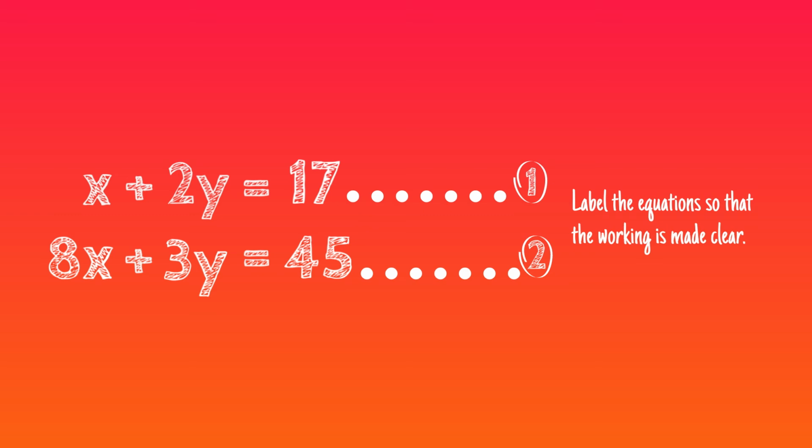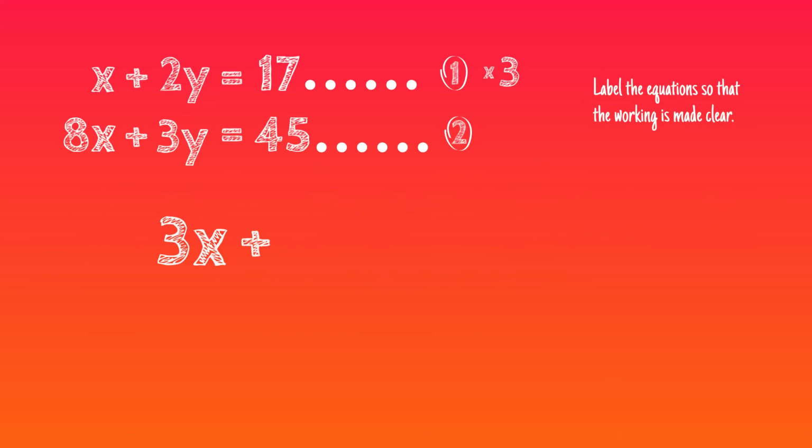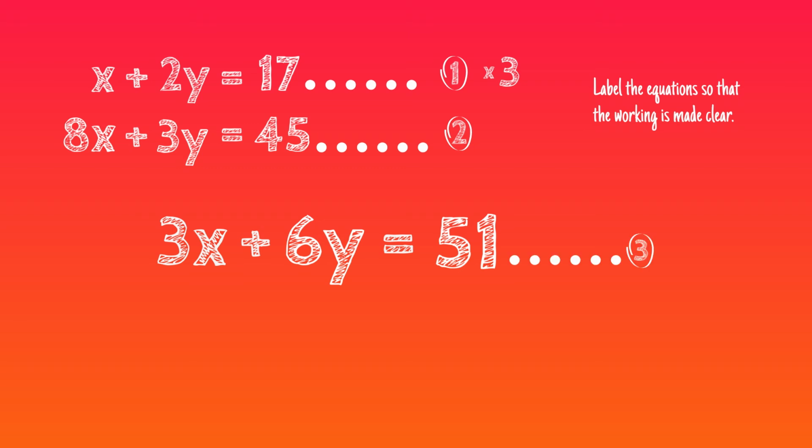So we're going to multiply equation 1 by 3, which gives us 3 times x is 3x plus 3 times 2 is 6y is equal to 17 times 3 is 51. This becomes equation 3. The second equation, we want to eliminate the y term. So we've got 6y in the first equation.